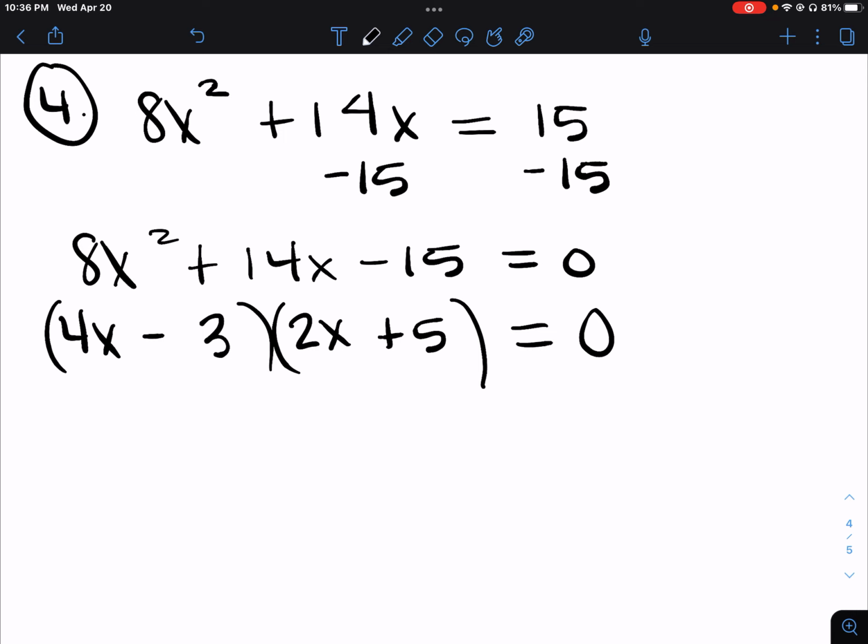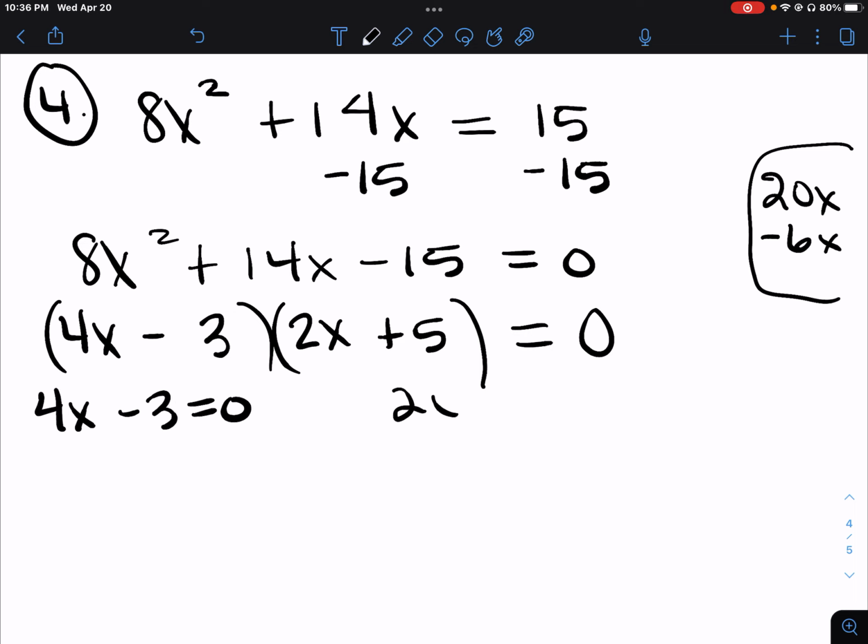Okay, 4x times 2x is 8x squared. The outside term would be 4x times 5, which would be 20x. The inside term, minus 3 times 2x is minus 6x. 20 minus 6 gives us that 14x, so that's correct.